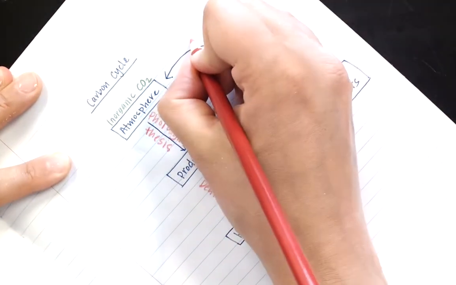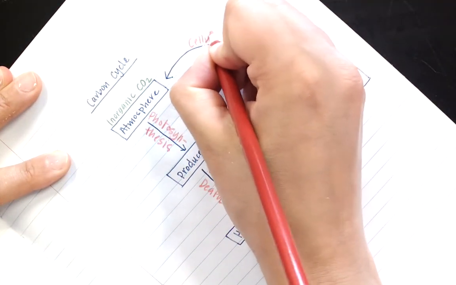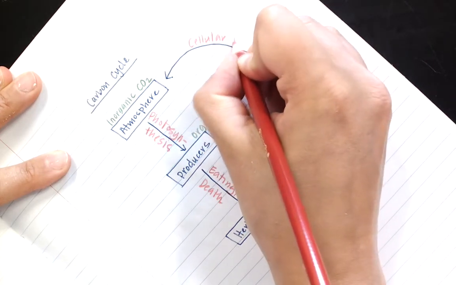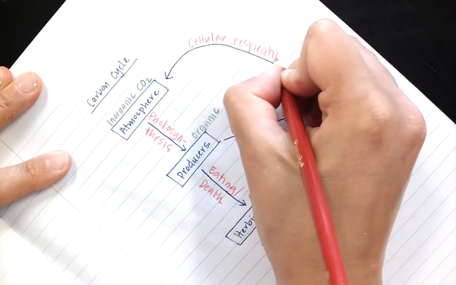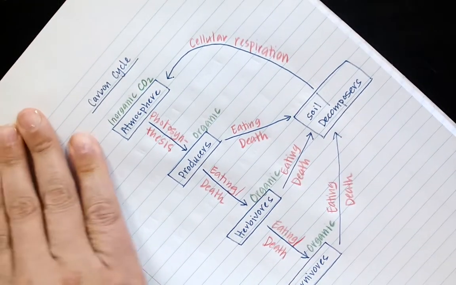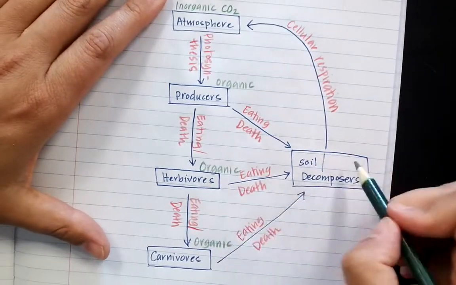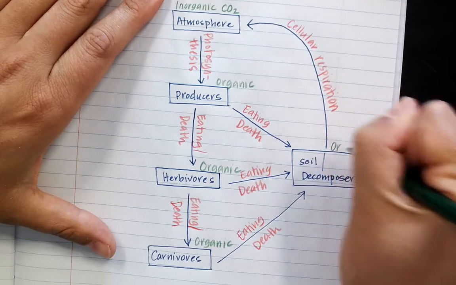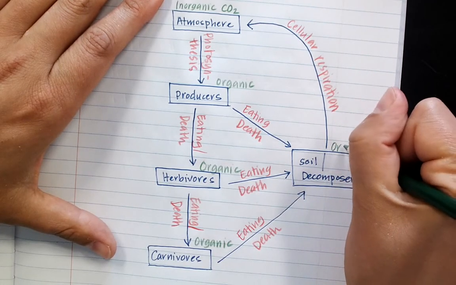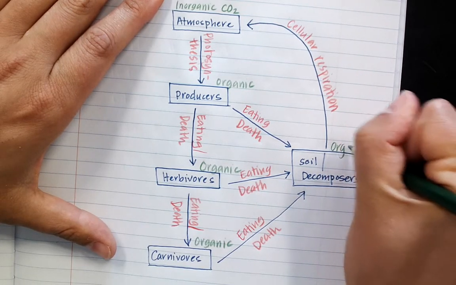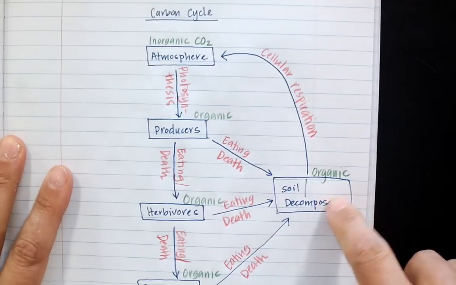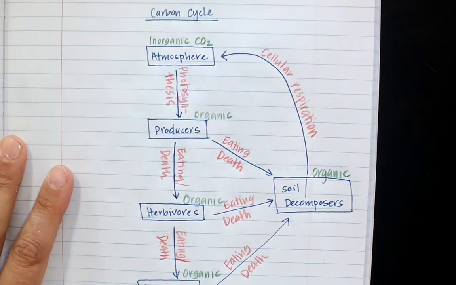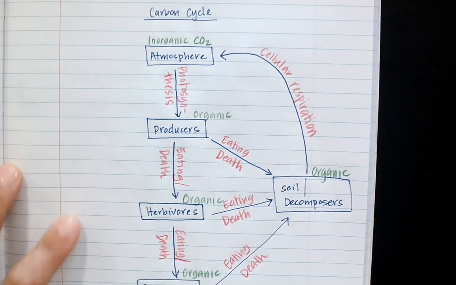So this process is cellular respiration. The type of carbon in these soil decomposers is organic, and they are converting it into inorganic CO2 that goes back into the atmosphere.